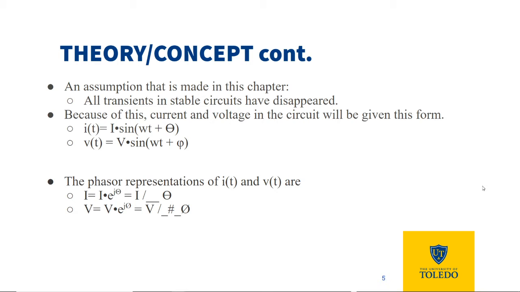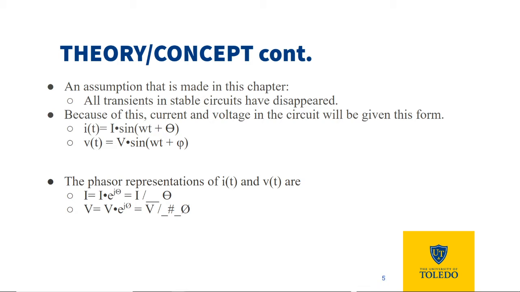Continued. An assumption that is made in this chapter: all transients in stable circuits have disappeared. Because of this, current and voltage in the circuit will be given this form. i(t) equals I times sine of omega t plus theta. v(t) equals V times sine of omega t plus phi.